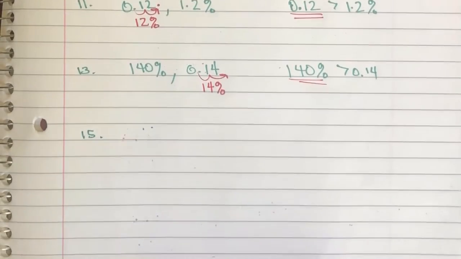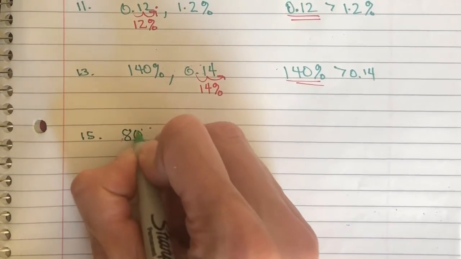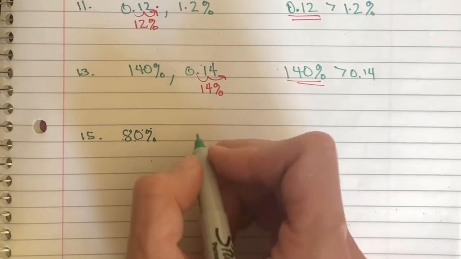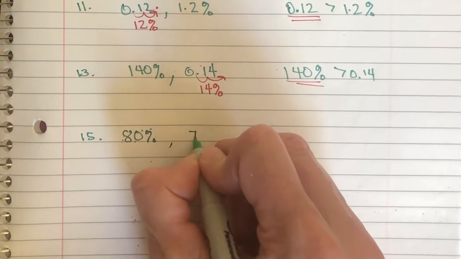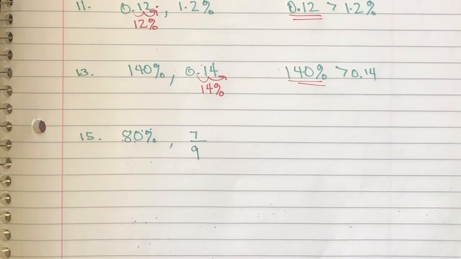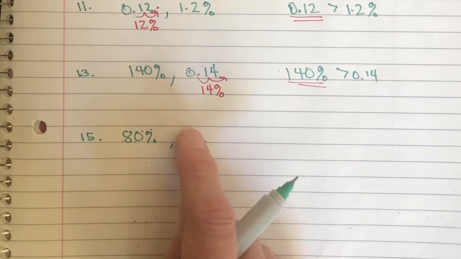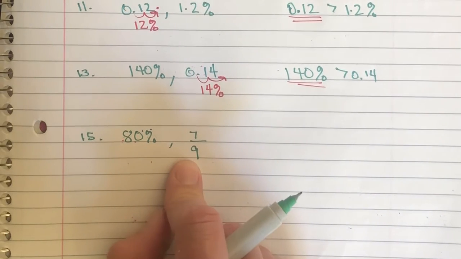Okay, 15, 80%, and we need to compare that to 7/9. Okay, so this one's not quite as straightforward as the other ones, but definitely doable. So I'm gonna change 7/9 into a percent and see what it looks like.